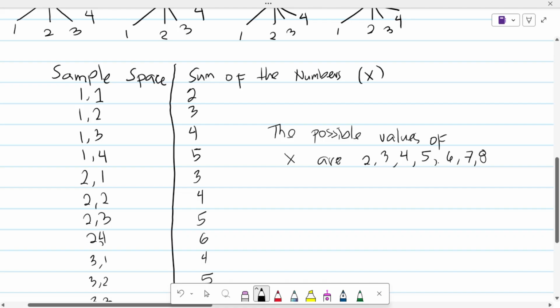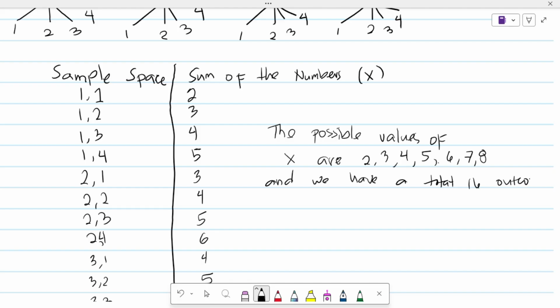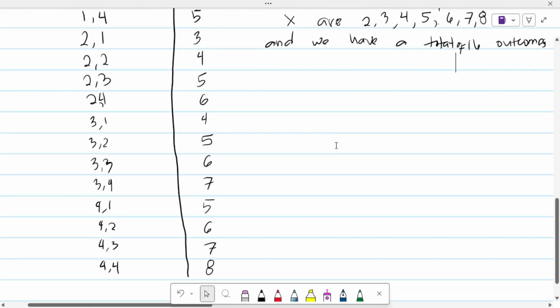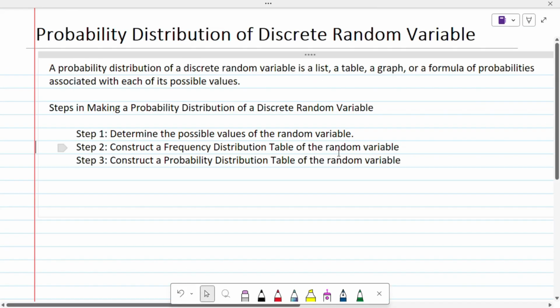We have a total of 16 outcomes. Alright, so what is our step 2?